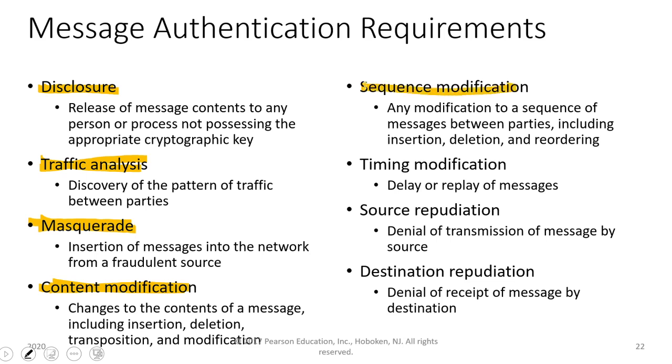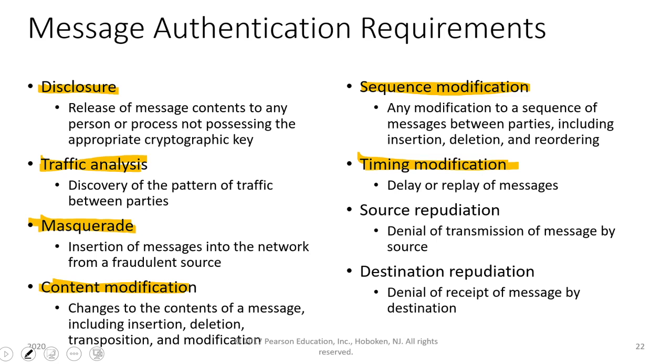That is also another issue depending on the type of communication that we have. Timing modification is either delaying certain messages or repeating certain messages. So these are also some of the things relevant to modifications, and would also be of interest to us when we are talking about message authentication.